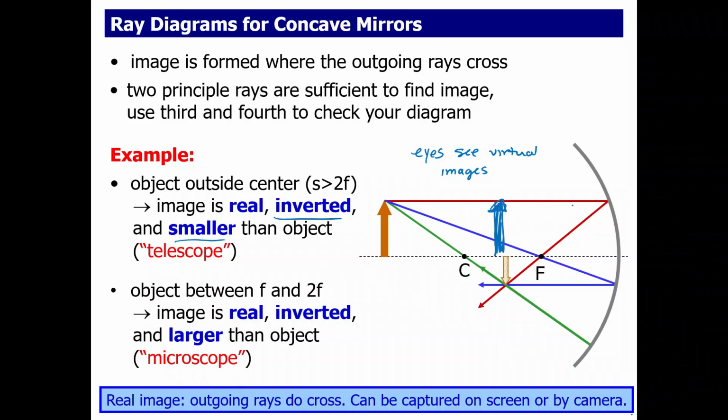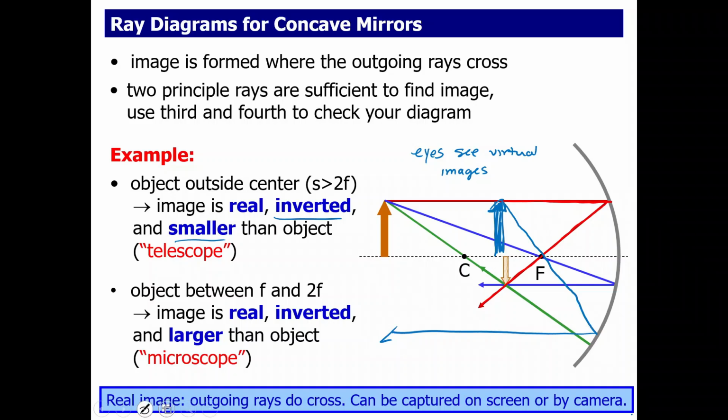So this first red-orange ray would actually be the same. It would come across, it'd go through the focal point. Now, if we did the second ray, the blue ray, that would have to come straight down here through the focal point, and it would come across over here.